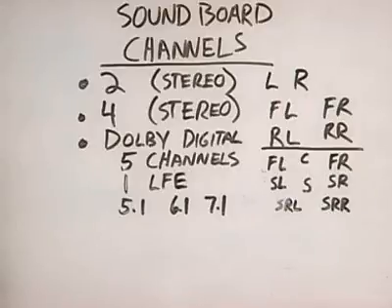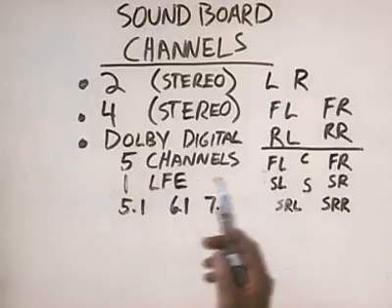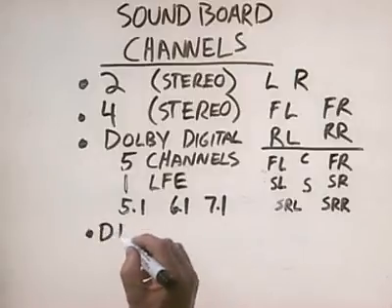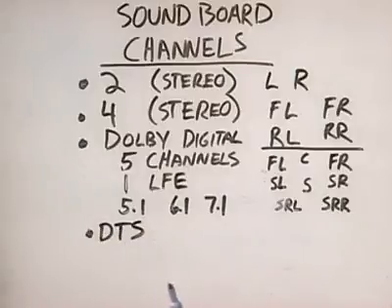There's lots of other really cool features that you can have in a soundboard. If your soundboard implements Dolby Digital, then you may want to see if it supports the DTS standard, which stands for Digital Theater System. This standard is designed to produce near theater quality audio from your PC system, and it's based on Dolby 5.1.